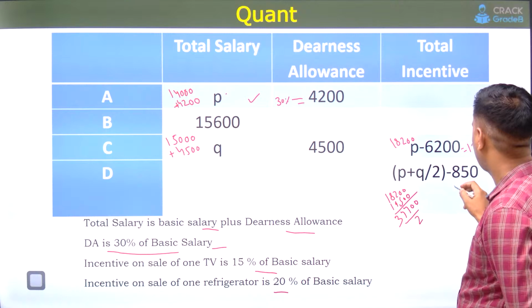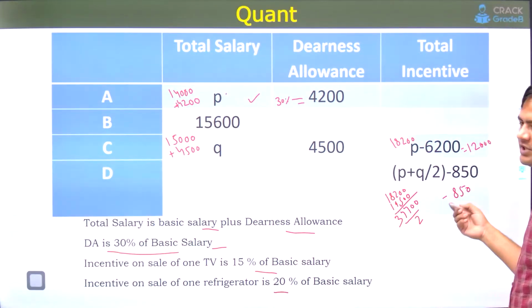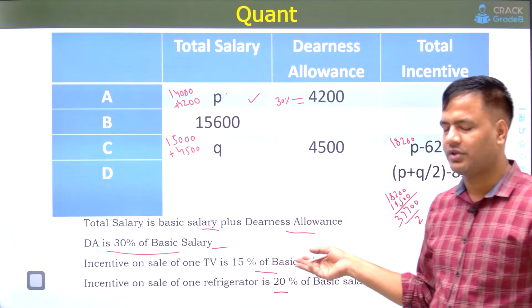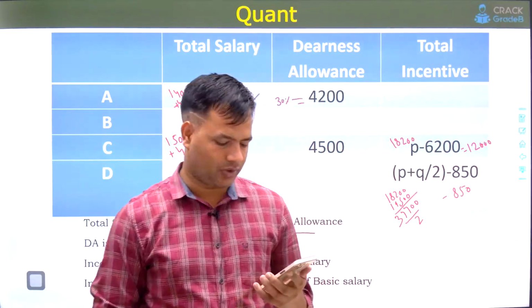Divide by 2 and then subtract 850 from this. And based on this, you can easily solve the 4 questions. Whatever other statement, based on that you can calculate.